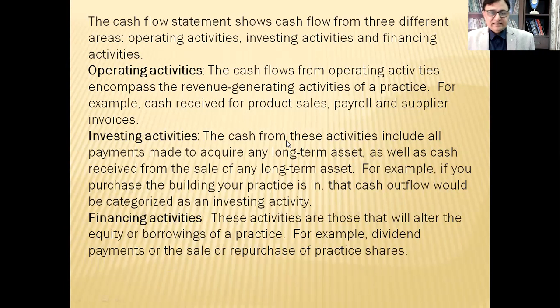Investing activities include all payments made to acquire any long-term asset as well as cash received from the sale of long-term assets. For example, if you have purchased a building for your practice, that cash outflow would be categorized as an investing activity. Similarly, financing activities are those that alter the equity or borrowing of the practice, for example dividend payment or sale or purchase of practice shares.